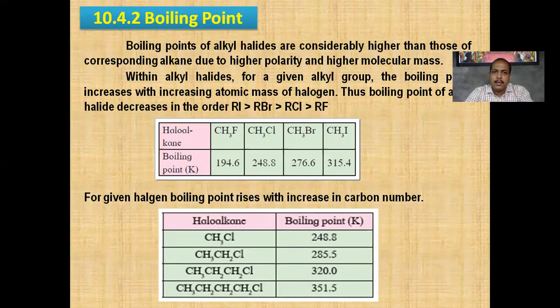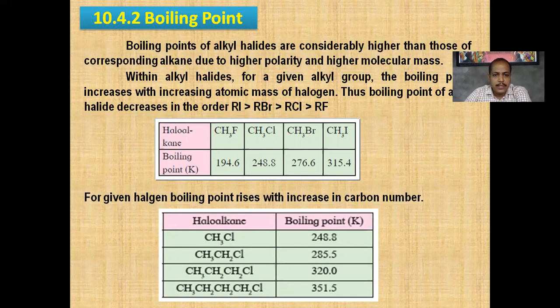As we know, the atomic mass of hydrogen and the atomic mass of chlorine, bromine are so different, and that of halogen is so much higher than that of hydrogen. So definitely the molecular mass of alkyl halide is greater. So boiling points are also greater than corresponding alkanes.